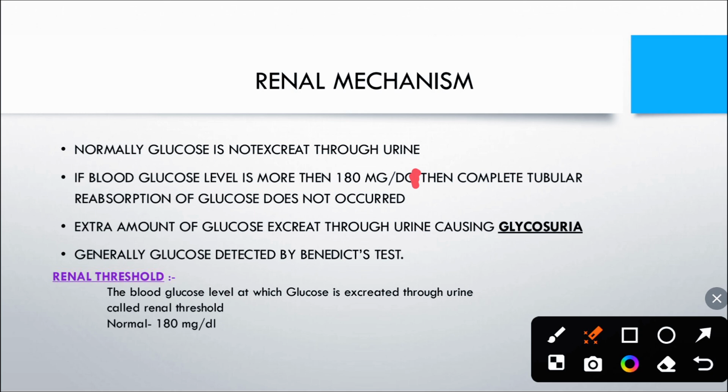Generally, glucose is detected by Benedict's test. Renal threshold: the blood glucose level at which glucose is excreted through the urine is called the renal threshold. Its normal value is 180 mg per dl. When the blood glucose level rises above 180 mg per dl, the glucose is excreted through the urine.